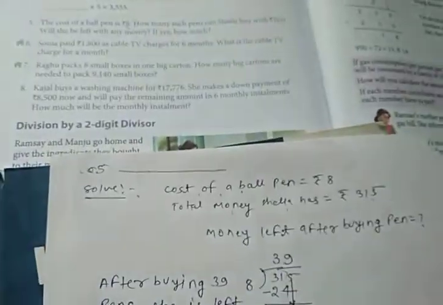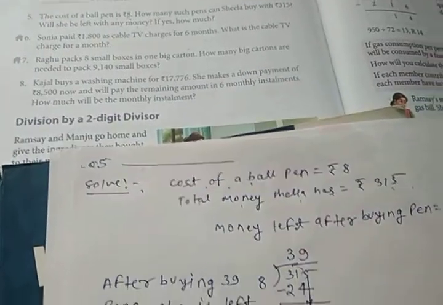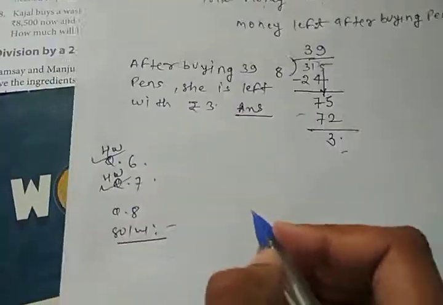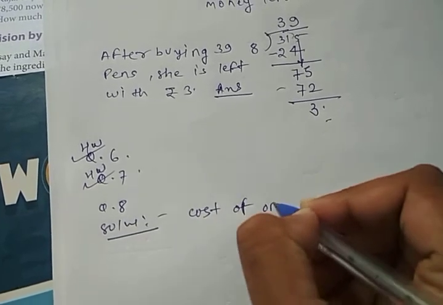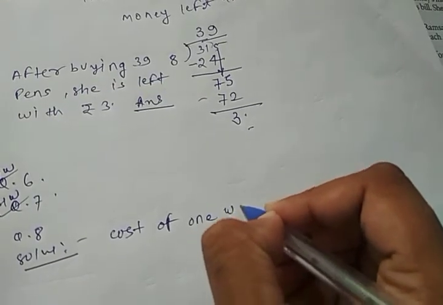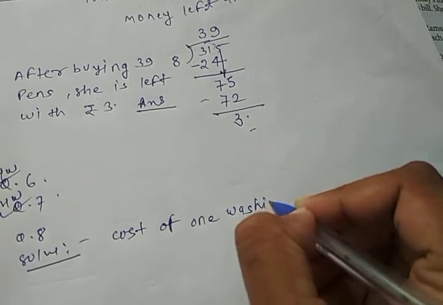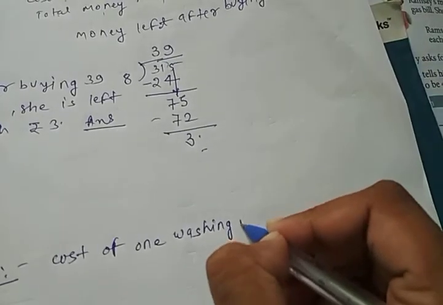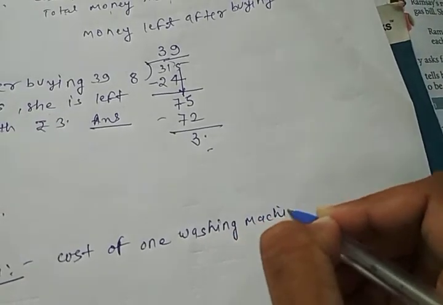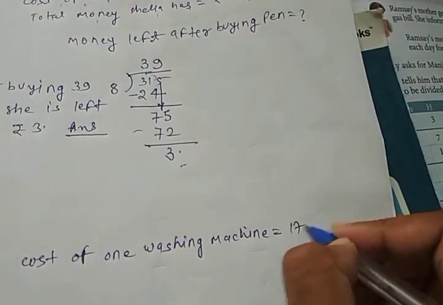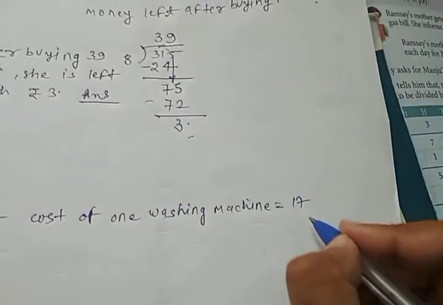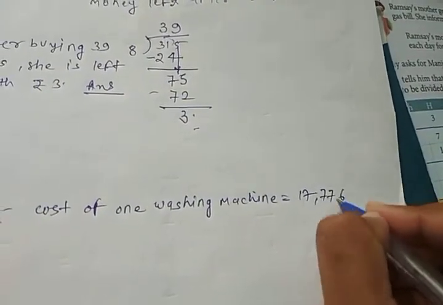So what is the cost of one washing machine? Students, the cost of one washing machine is 17,776 rupees.